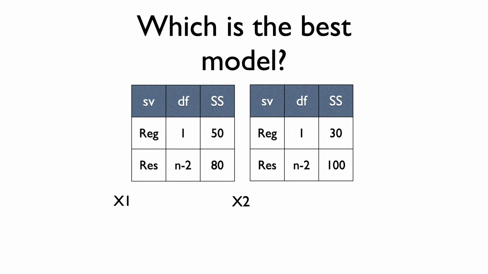Just with these two, which one is better? Well, it's this one, because it's explaining more variance, 50 compared to only 30. So with just this information, I would prefer the model on the left, just x1.